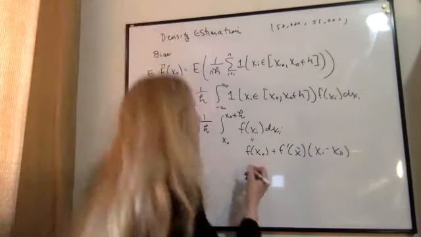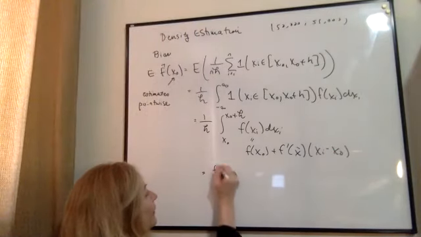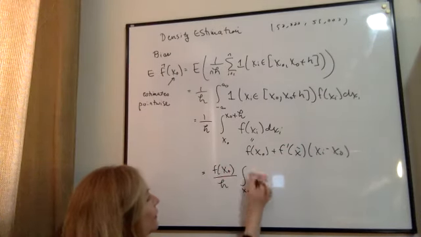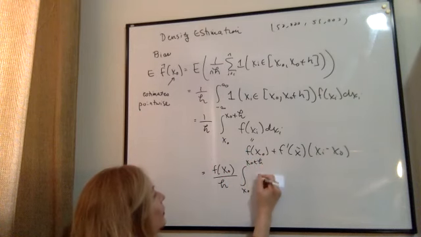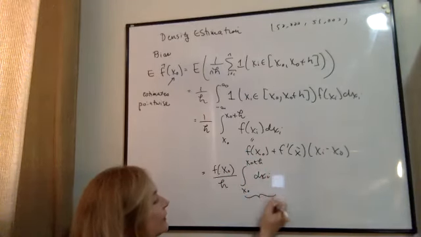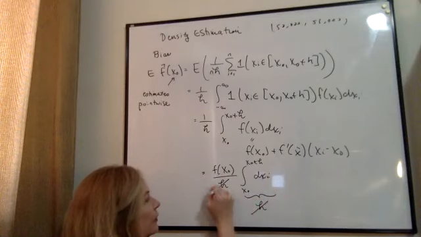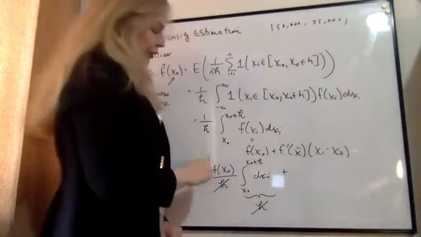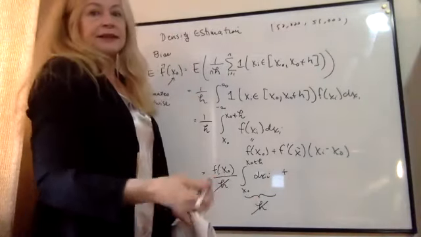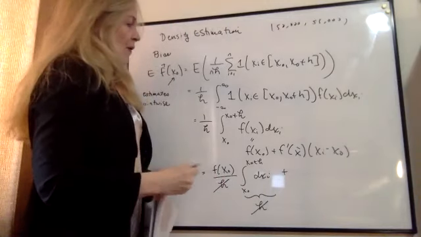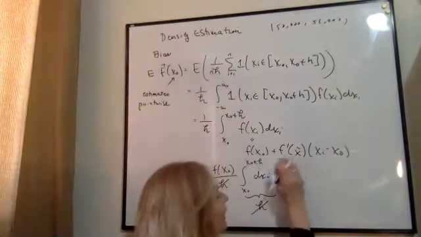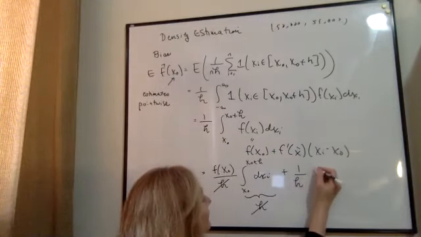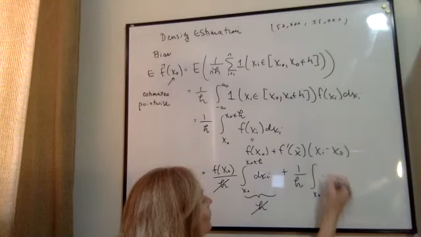The first term is going to be f of x naught divided by h times this integral, and this integrates to h, so this is going to cancel with this. That's good, because it means my leading term is f of x naught, and that's what I'm trying to estimate. But the next part is the bias. So this is an example of a bias estimator.